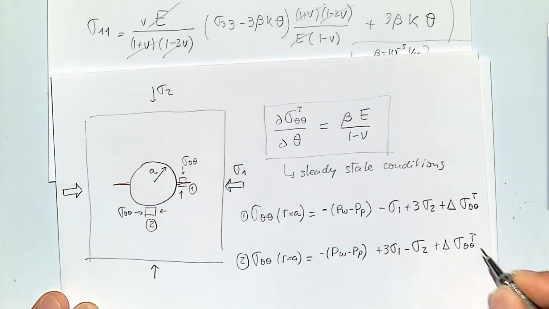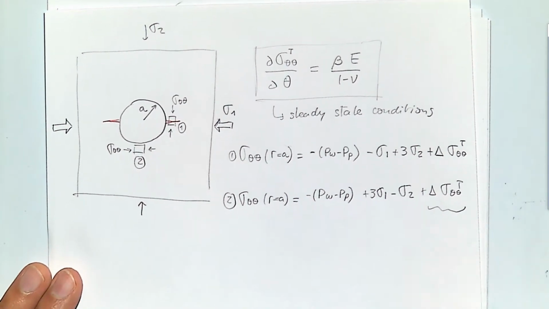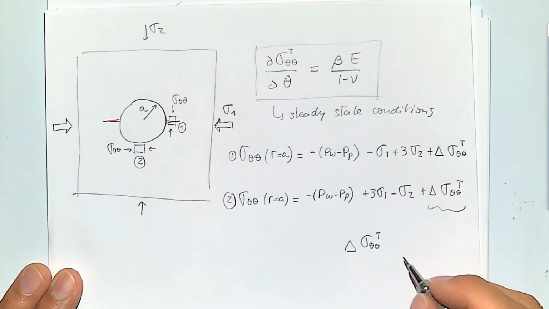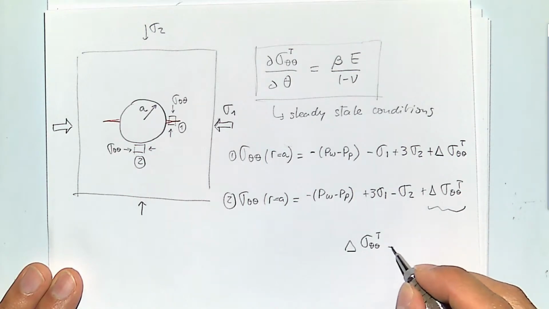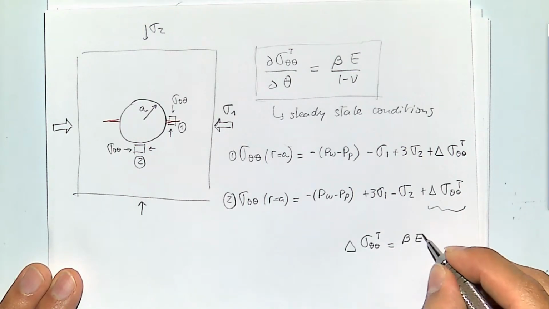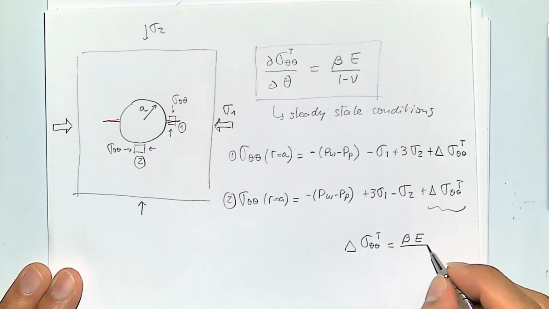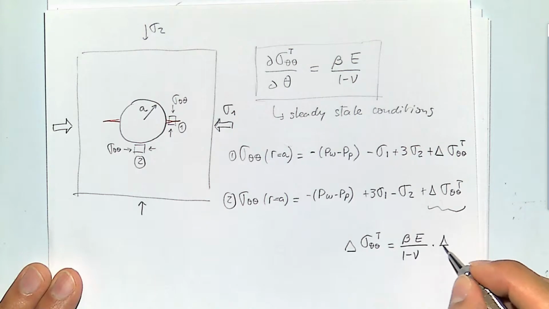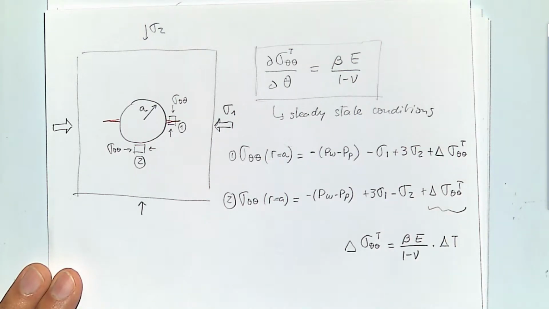Again, let me write again what this is in terms of a delta. The change of hoop stress due to a change of temperature at steady state condition is going to be proportional to the coefficient of dilation, the Young modulus, over 1 minus Poisson ratio, times whatever change of temperature you have.